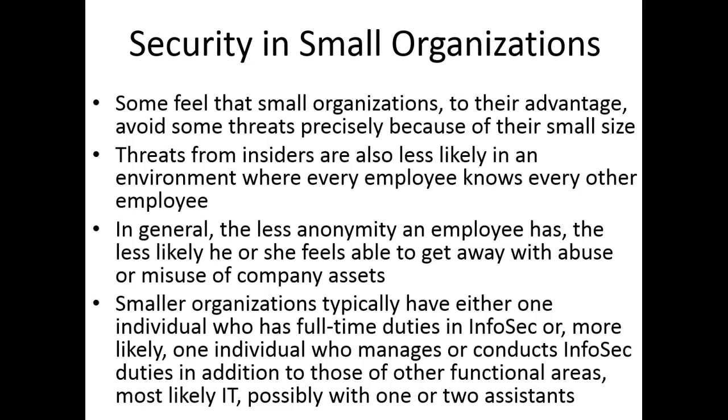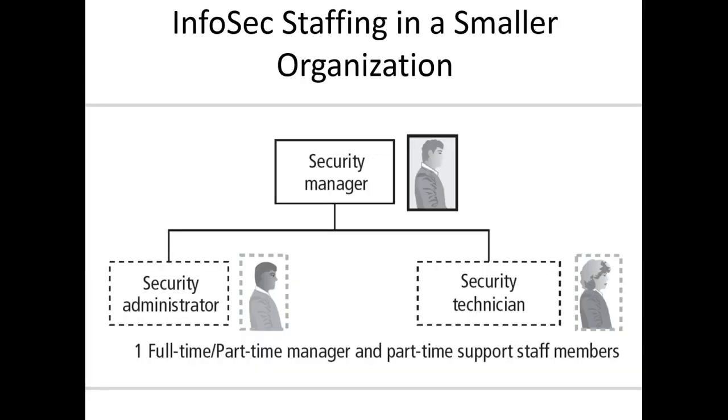In the smaller companies, normally the individual who is responsible for managing the network and the IT is also managing the information security. So that person needs to work with those functional areas that we mentioned, and sometimes gets help from 1 or 2 assistants. So this is the org chart.